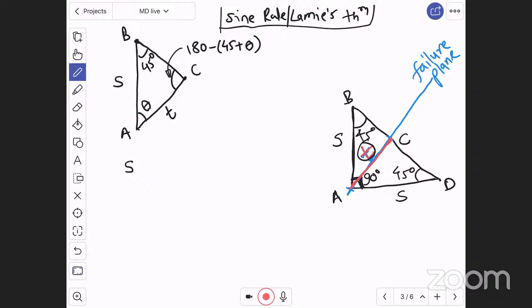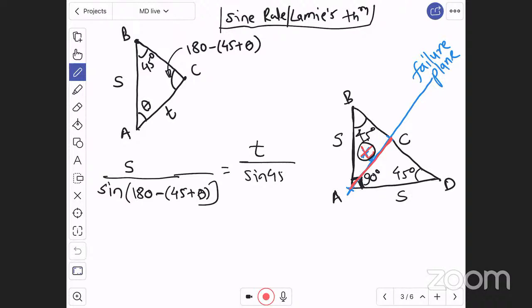If I consider side S, then I have to consider the angle at C. Therefore, side S divided by sine of (180 minus (45 plus theta)) is equal to, this ratio is constant, thickness T divided by sine 45. Because T is the failure plane thickness, its opposite angle is the angle at B, which is 45 degrees, right?